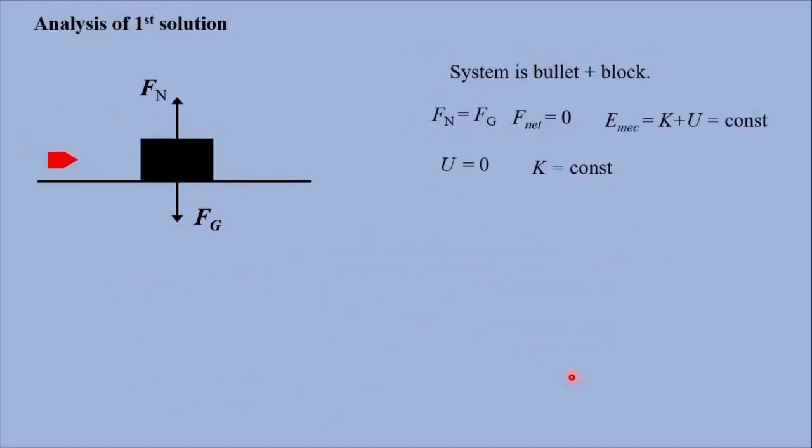To answer this question, let's analyze the first solution. The main assumption which the student made was that kinetic energy conserves in this situation. Let's consider in more detail. When a bullet moves toward the block, it collides with the block and stops inside the block.